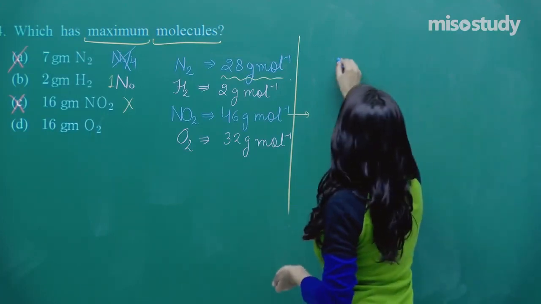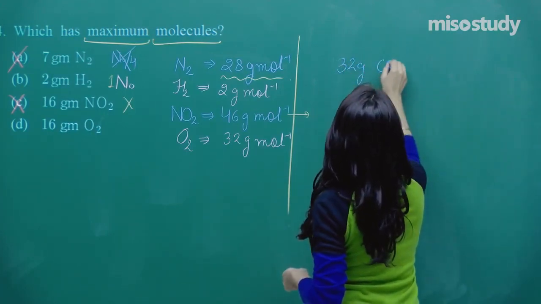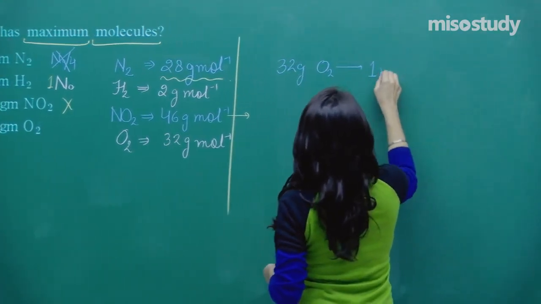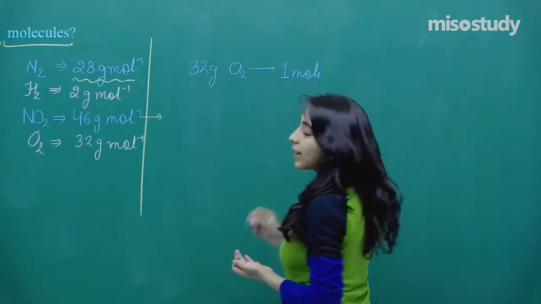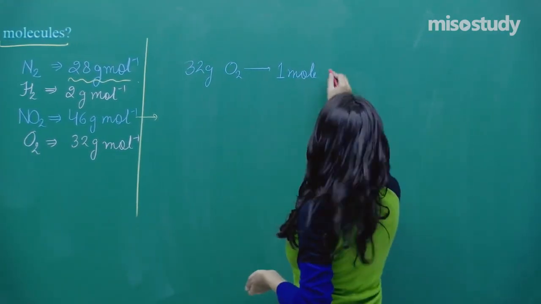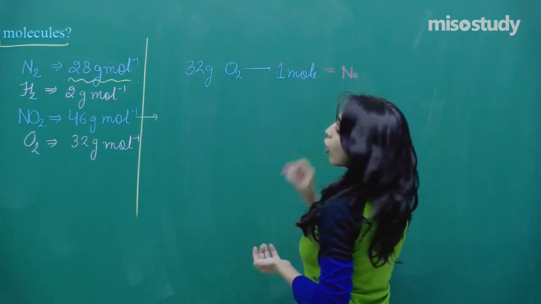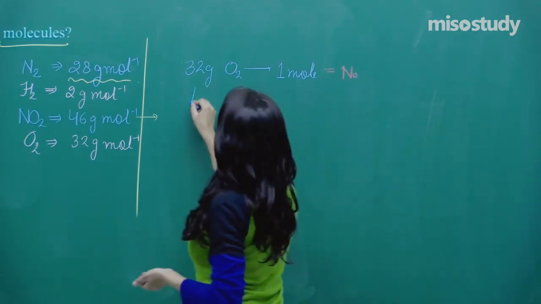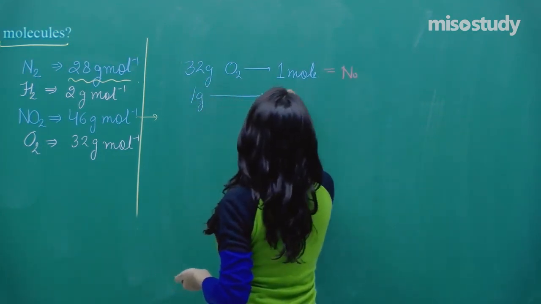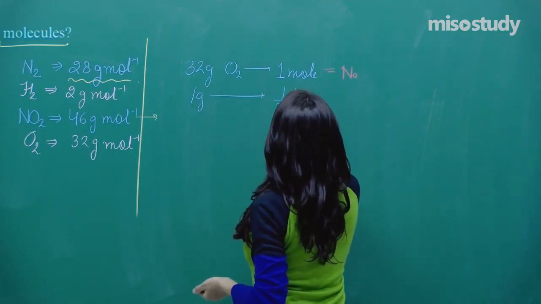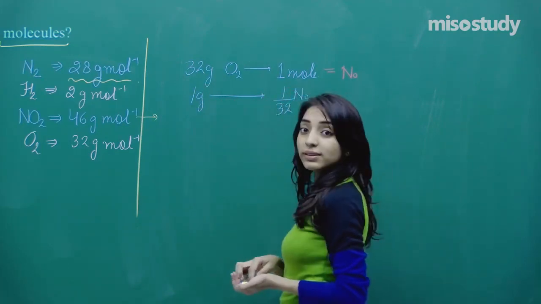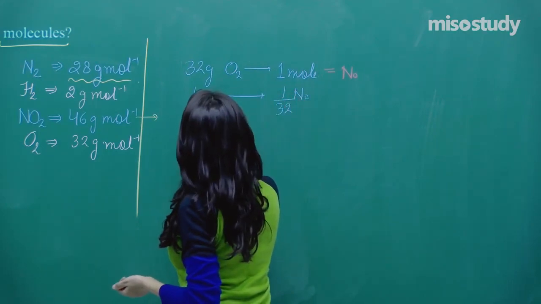See guys, 32 grams of oxygen is equal to 1 mole, which is N naught molecules. So 1 gram will be equal to 1 by 32 into N naught molecules, and finally we have just 16 grams.